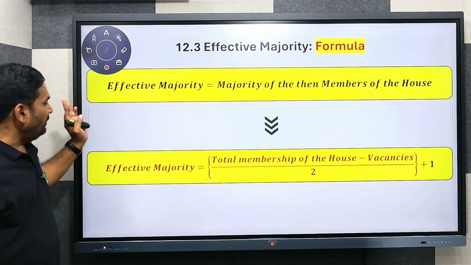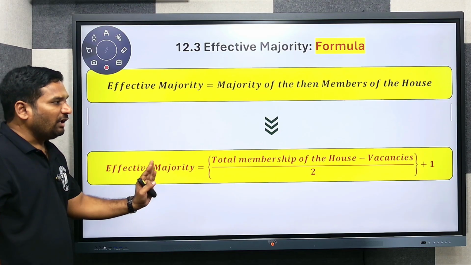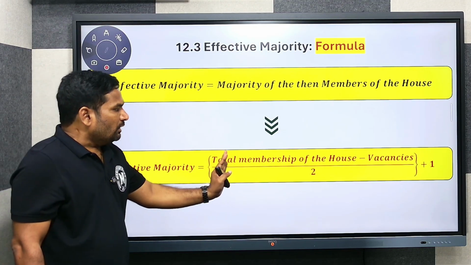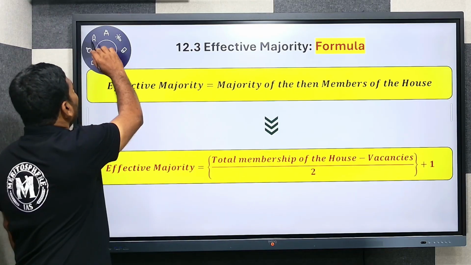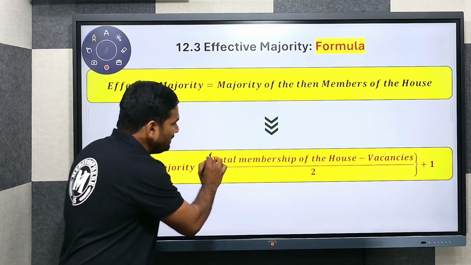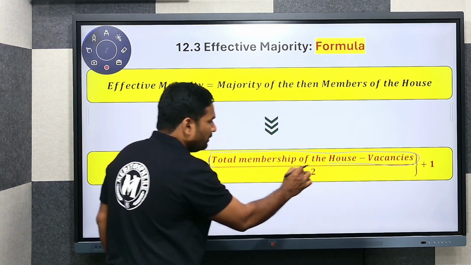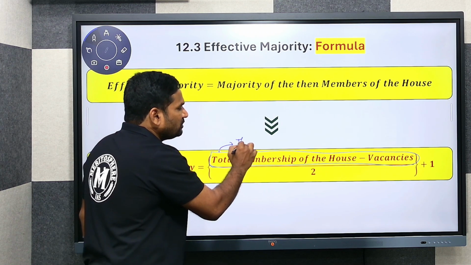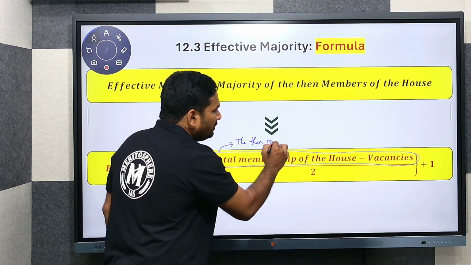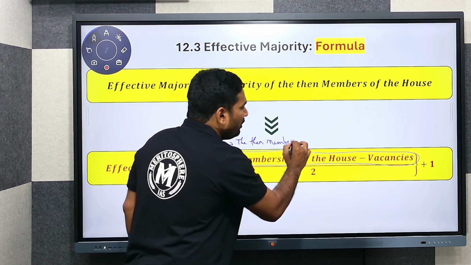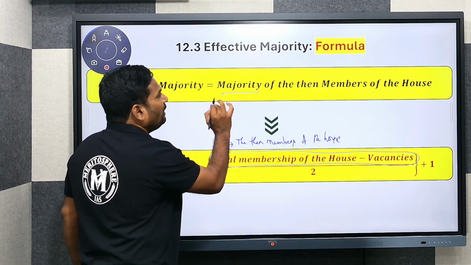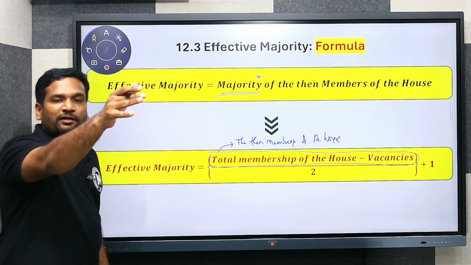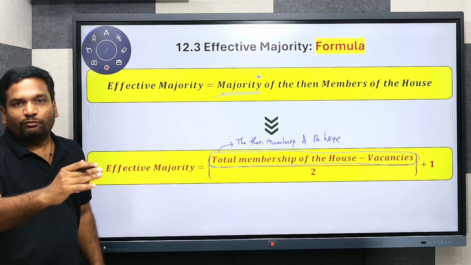Right. So here effective majority equals total membership of the house minus vacancies, divided by 2, plus 1. The numerator is nothing but the then members of the house. We need to have the majority, and majority is more than half of that.